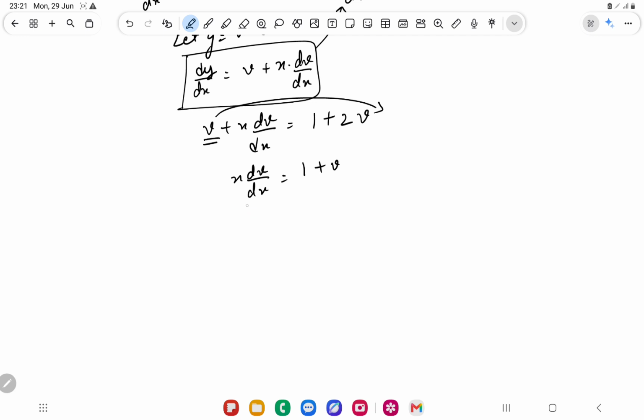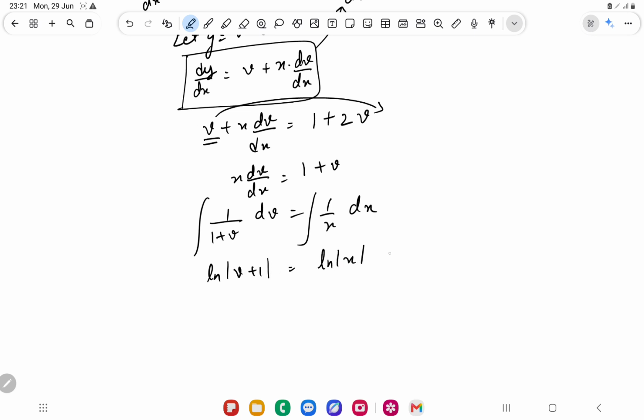Now just separate the variables. Now this becomes variable separable form. Now to separate the variables, I can write it like this. Now we have separated the variables, so we can integrate both sides. So left side integration will be ln of v plus 1 and right side integration will be ln mod x plus c.